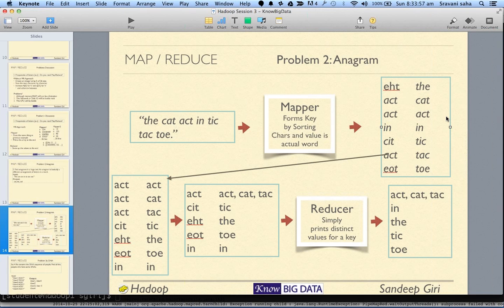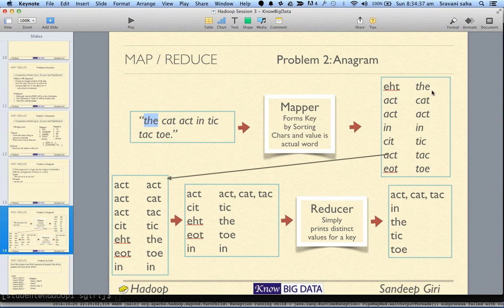So you sort the letters of a word, right? You rearrange the letters of a word such that A comes before B comes before C, and so on. So that is sorting the word in itself. So here, if you see the cat act in tic-tac-toe, the mapper is sorting the letters of a word. So for the, if you rearrange the letters in increasing order, you will end up with EHT, right?